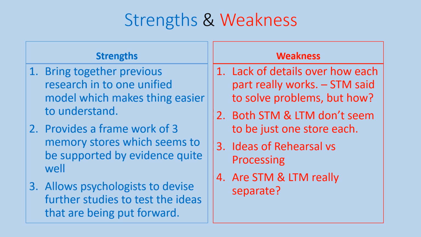But the simple fact is there's a serious lack of detail over how each part really works. So short-term memory is said to solve problems. But how? How does it do that? Also, short-term and long-term memory don't seem to be just one store each.